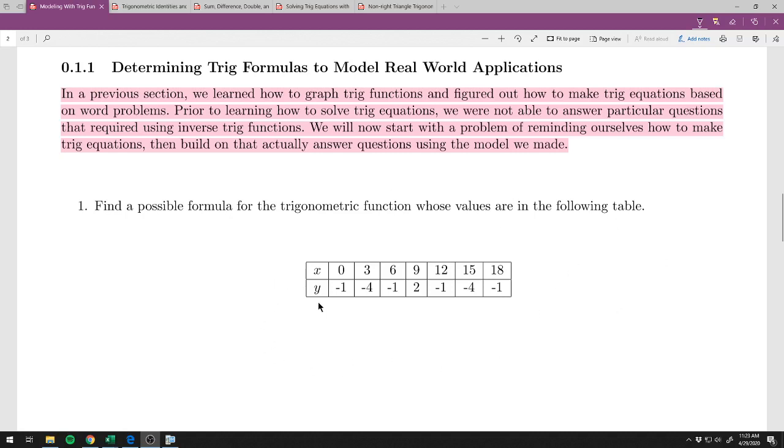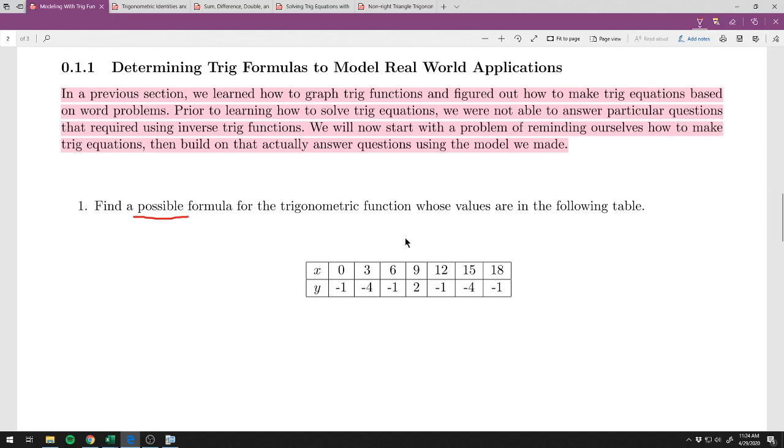Right. So this one says, find a possible formula for the trigonometric function whose values are in the following table. Now, we talked about finding trig functions before, and we talked about how there's a lot of them that are correct back in 2.1.